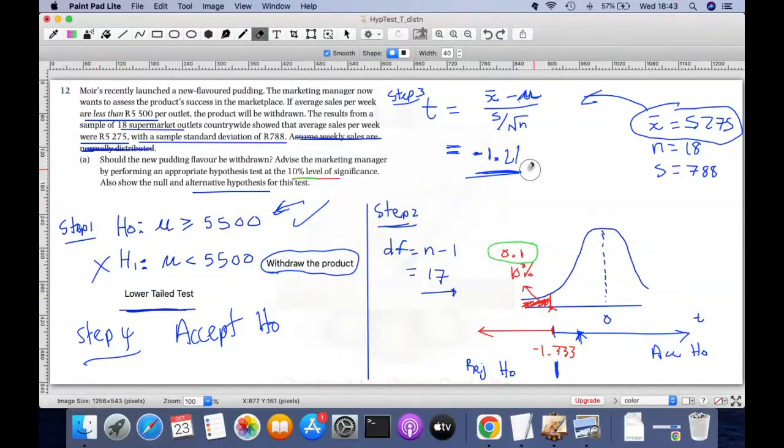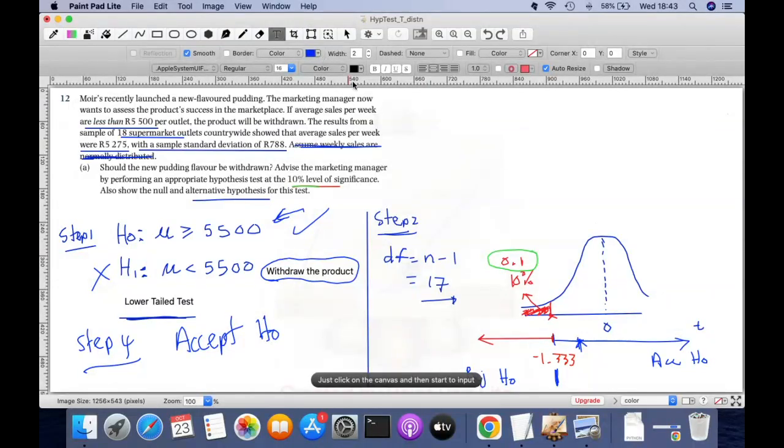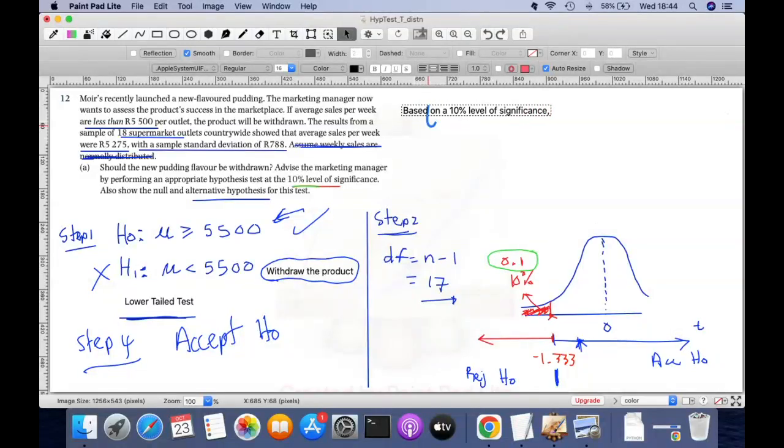So I'll just clear the board here. And I'll write it in words. And remember, I told you before, always start off with your level of significance. Okay, that's very important. So we would say, based on a 10% level of significance, okay, we accept H0 and advise.